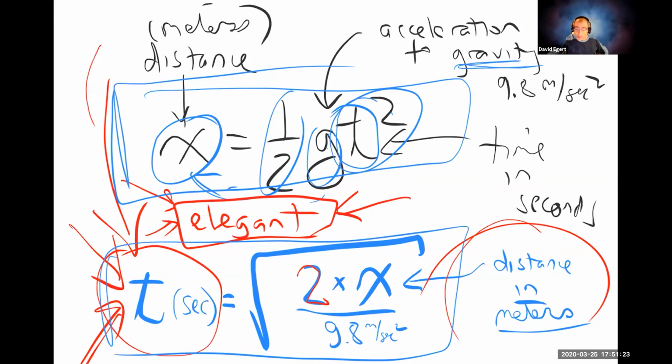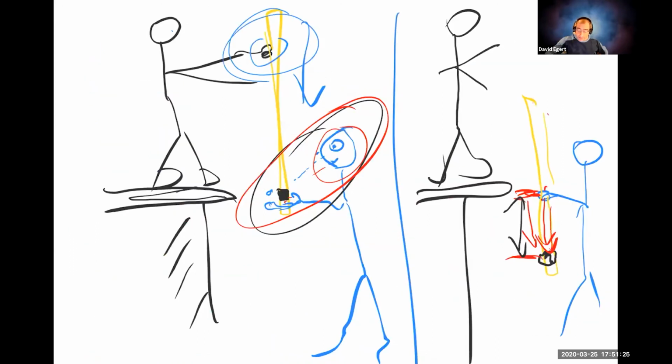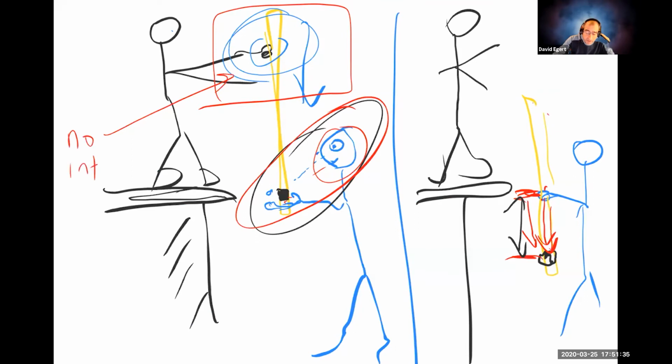So when you drop the stick here, this also has to be in your procedure. You need to make sure that there is no initial velocity.